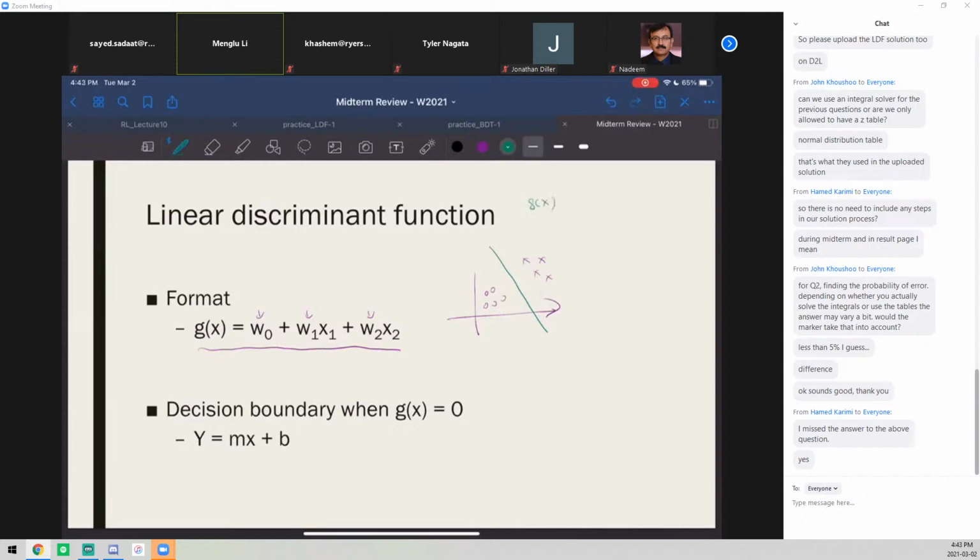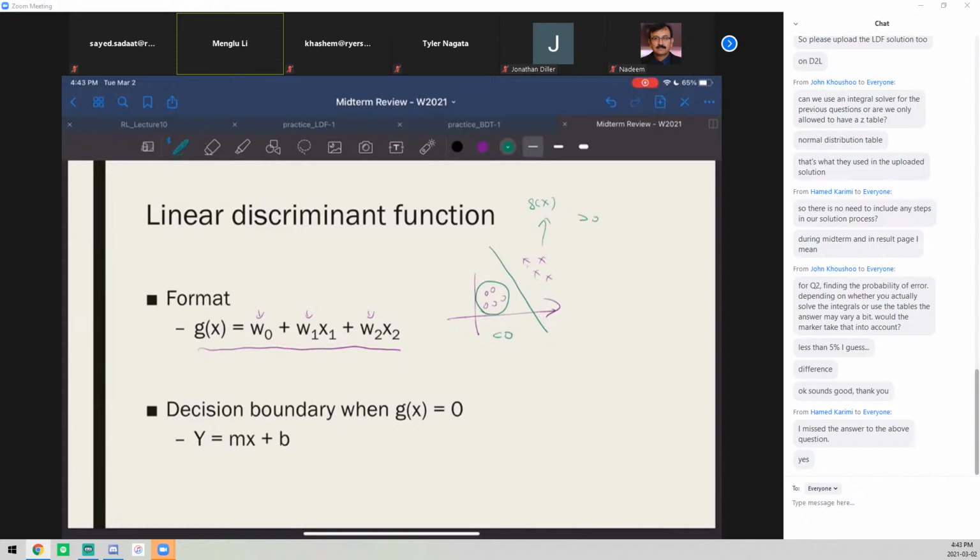Then we plug in the other part of the data, and the value is less than 0. Then this G function is the one that classifies all this data. That's how to use the G function.